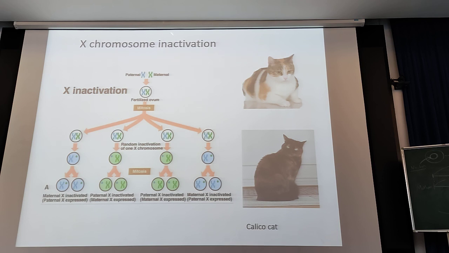For example, let's say the paternal X corresponds to the black fur, and the maternal X corresponds to the yellow fur, right? During development, the cell with mitosis develops into different cell lines. The cells are heterozygous: one X corresponds to black from the father, and one X corresponds to yellow from the mother.